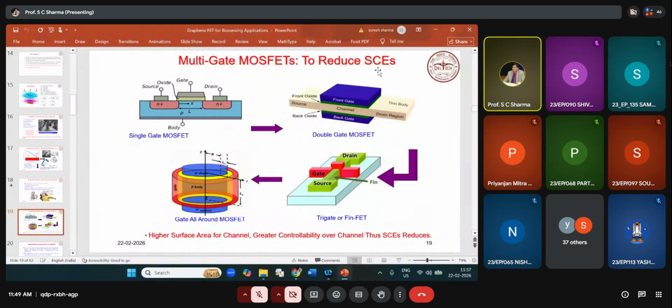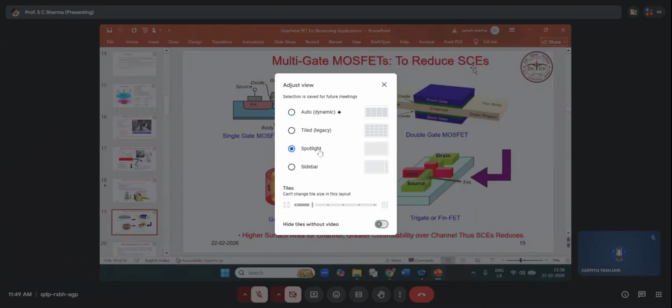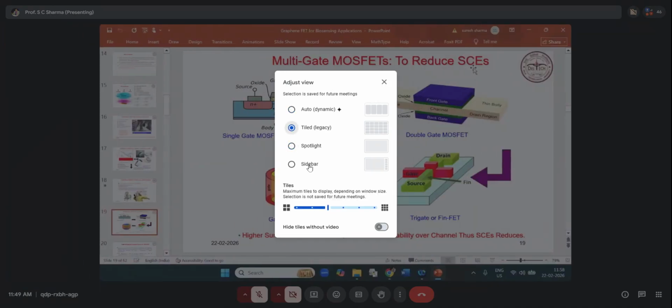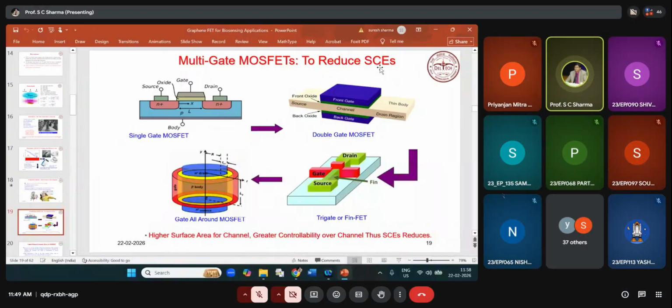Short channel effect is also important. By reducing short channel effect, we can increase the efficiency of the device and its electrical properties like drain current, transconductance, output conductance, and cutoff frequency. These are electrical properties of a transistor.